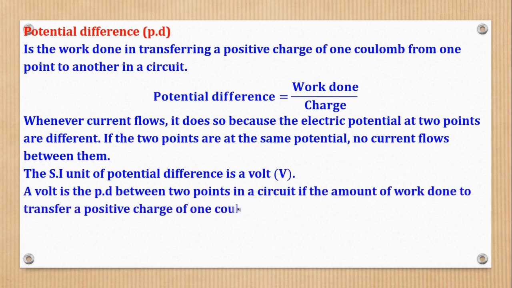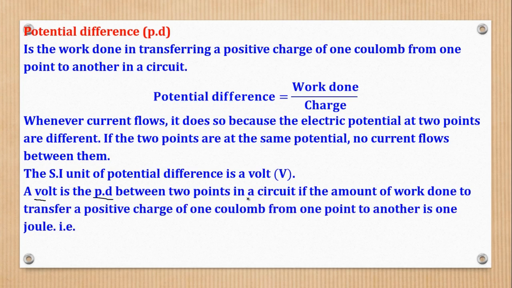Now, what is a volt? By definition, a volt is the PD between 2 points in a circuit if the amount of work done to transfer a positive charge of 1 coulomb from one point to another is 1 joule.